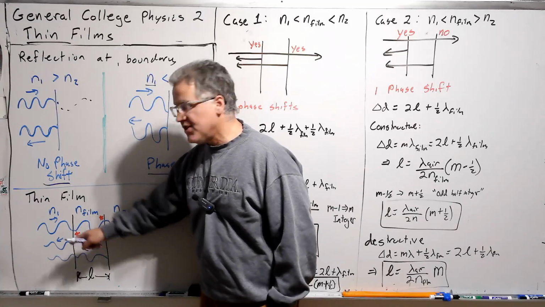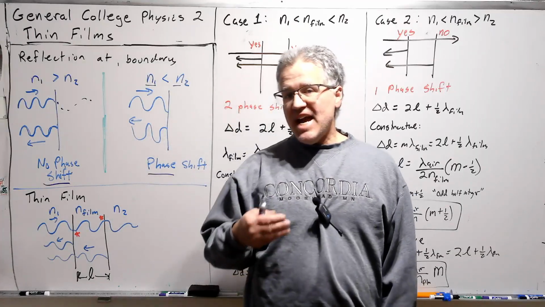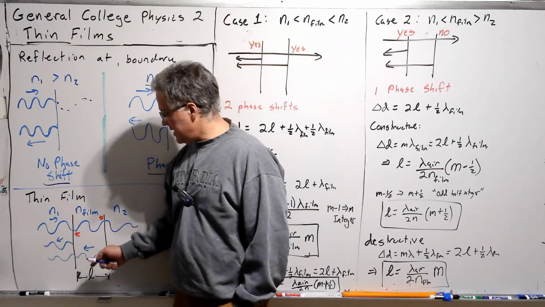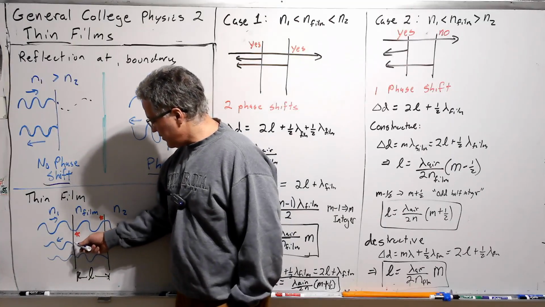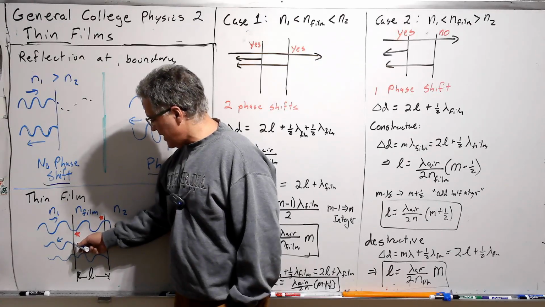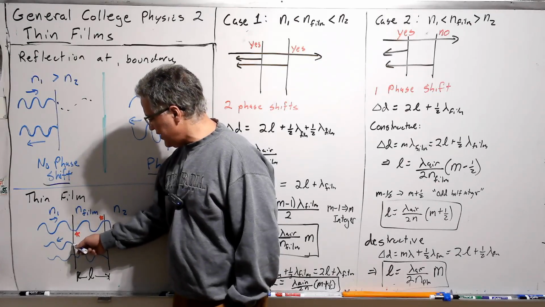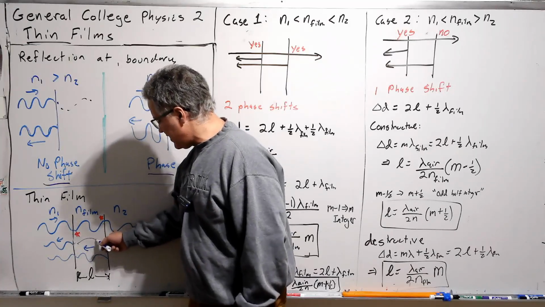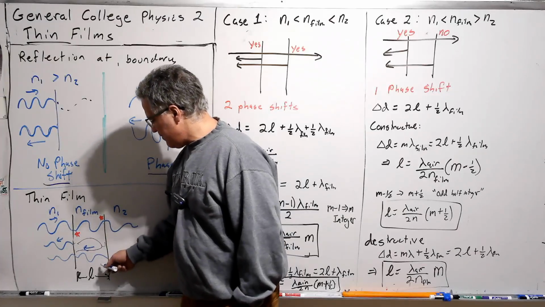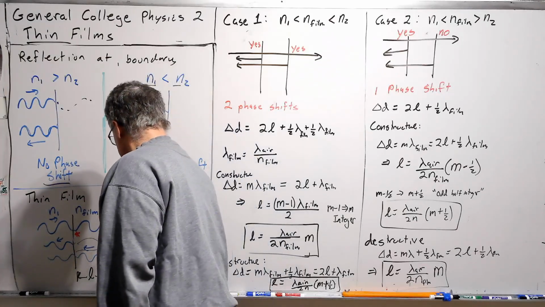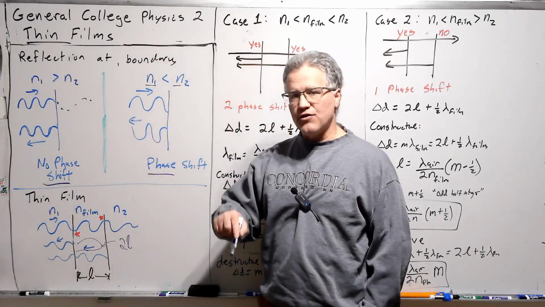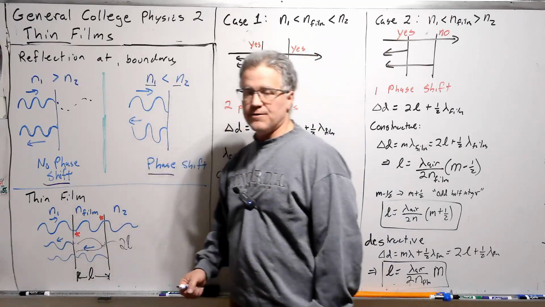Now, the question is, what is the net result? The net result is going to be the sum of these two. Let's see what happens. We get an initial reflection here, but we also get a transmission that then reflects. This loops back by a total length of 2L. So the back reflection travels 2L further than the front reflection.